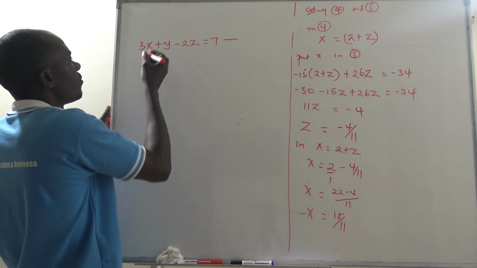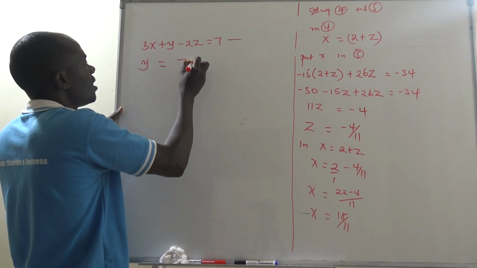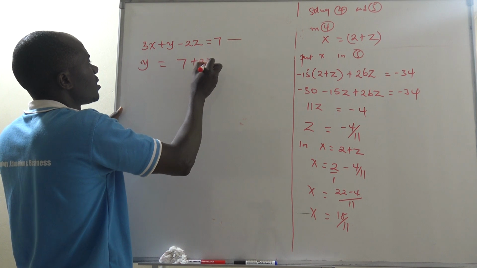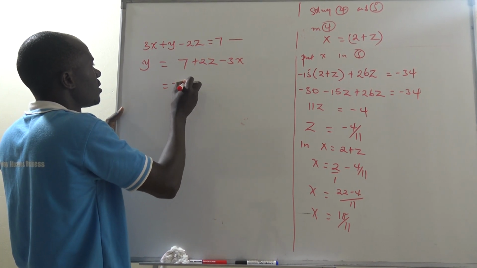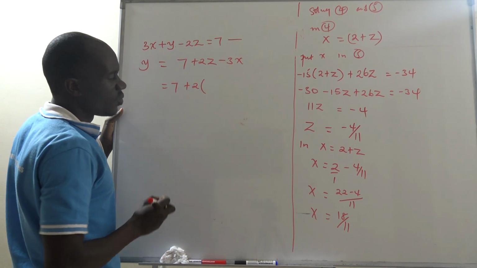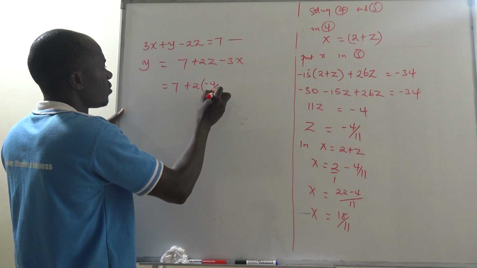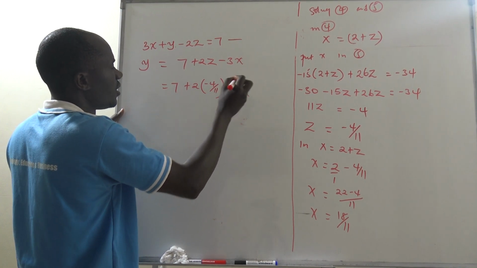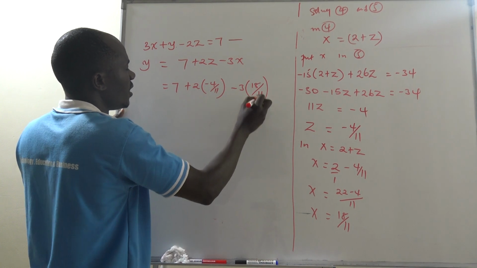Our interest is to have y. Can even first make y the subject. y becomes 7 + 2z - 3x. So this becomes 7 + 2 into, do we know our z? Our z is already -4 out of 11, minus 3 into, do we know x? 18 out of 11.